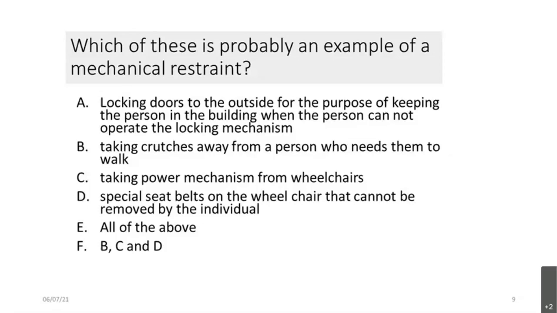Okay, got about 9 seconds left, and then we'll look at the results. All right, let's see what people answered.